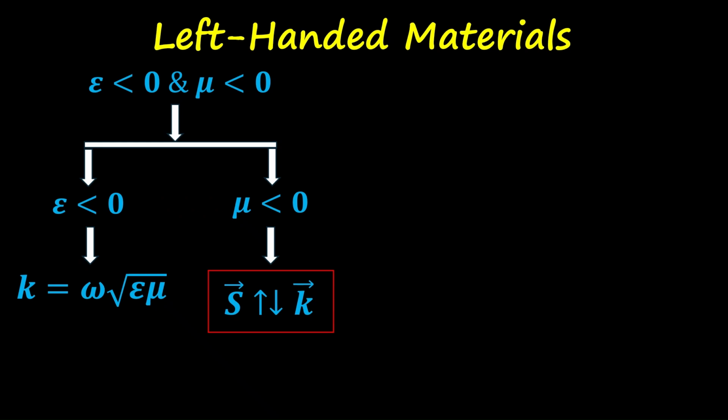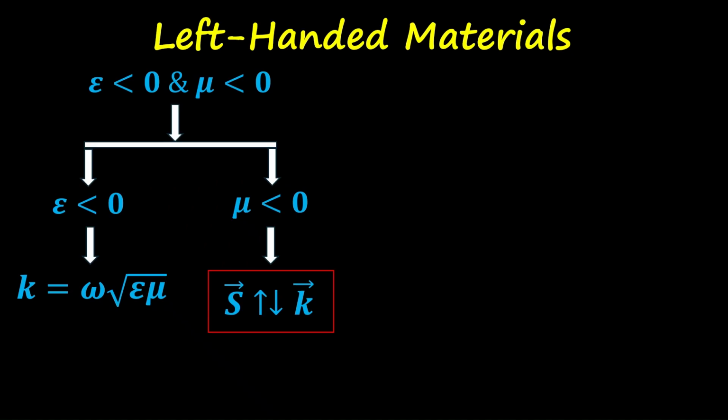Now just try to imagine the scenario where epsilon is positive but mu is negative, or epsilon is negative and mu is positive. In that case, the product is a negative number. The square root of a negative number gives an imaginary number. Whenever k is imaginary, the wave will be an evanescent wave.